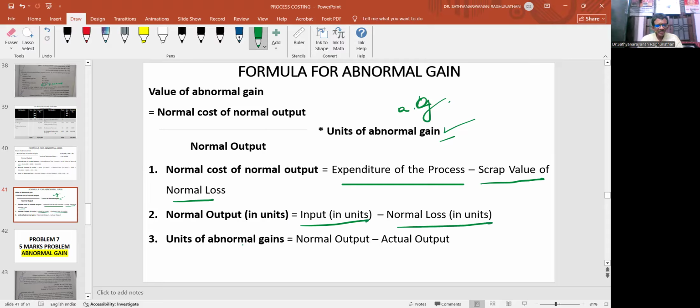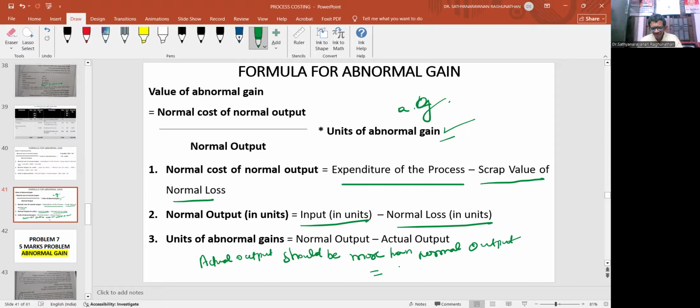Normal output in units is equal to input in units minus normal loss units. And abnormal gain units are normal output minus actual output. Here, the actual output should be more than the normal output.